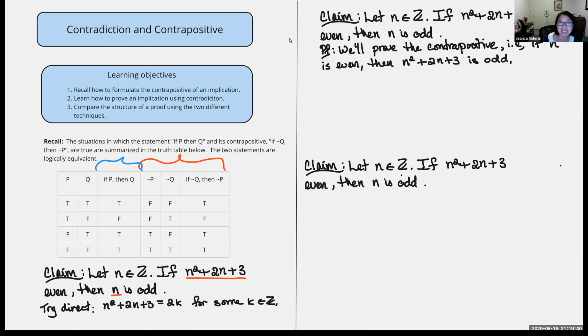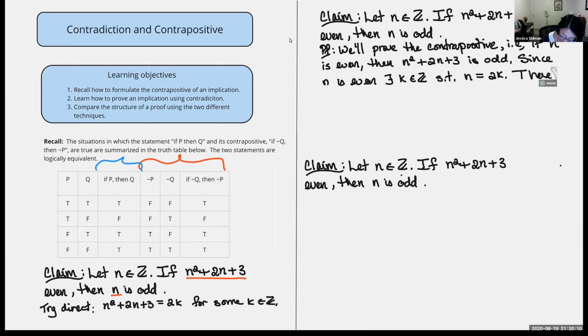So I've negated the conclusion and then negated the assumption, the original assumption. Okay. So now I can say, since n is even, there exists an integer k such that n equals 2k.